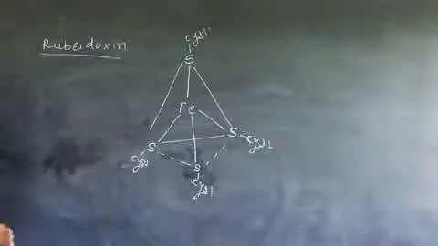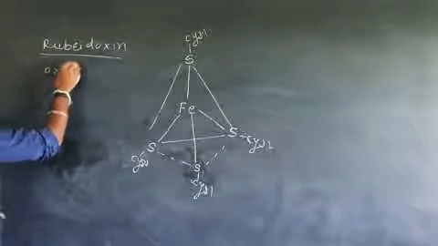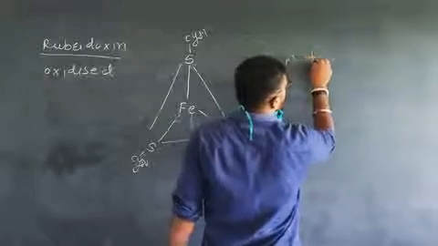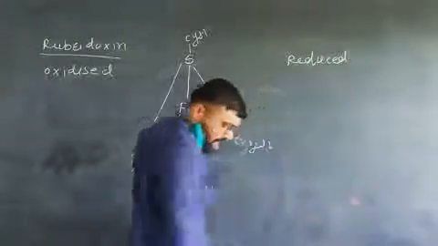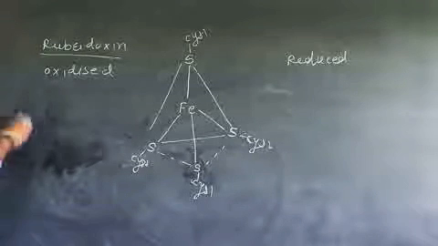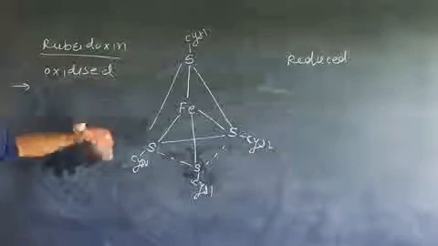As it is involved in the electron transfer process, it has two forms: one is the oxidized form and the second is the reduced form. We study the oxidized form and the reduced form comparatively. Both structures are the same, with iron at the center.